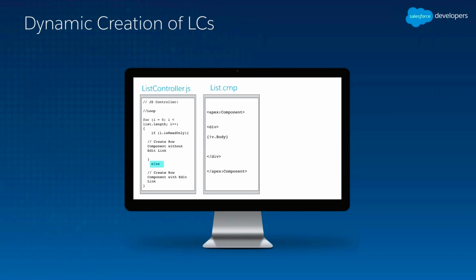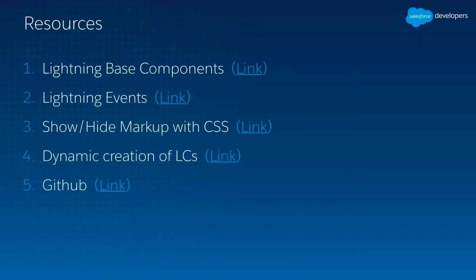Otherwise, if the user had access to edit the record, we would create a row now with the edit button. So you see how this becomes really useful, and this gives you a lot of flexibility, right? So this is why we want to show you guys this alternate way of creating Lightning Components markup dynamically.